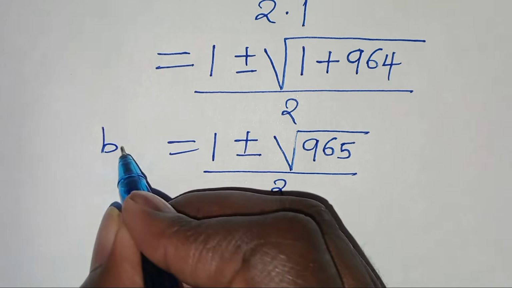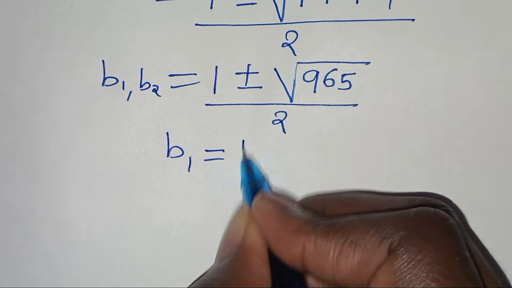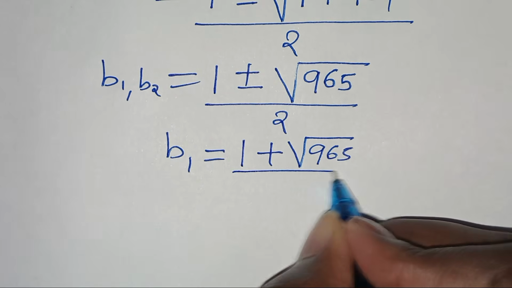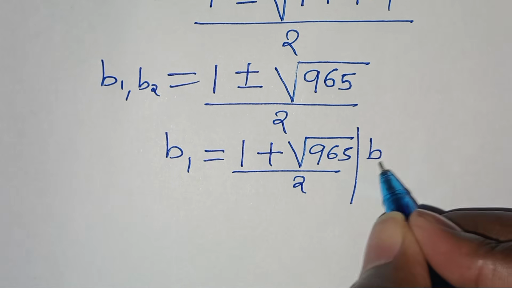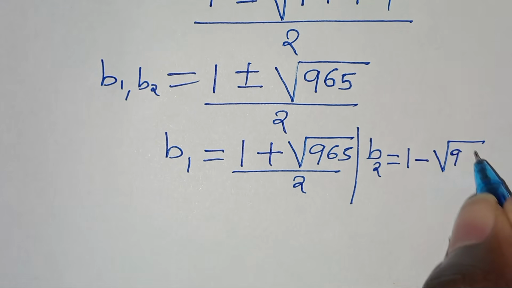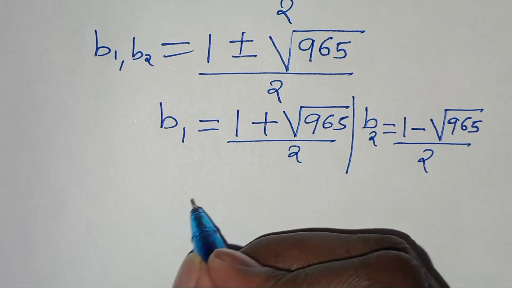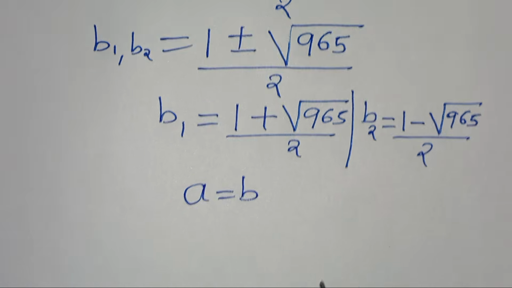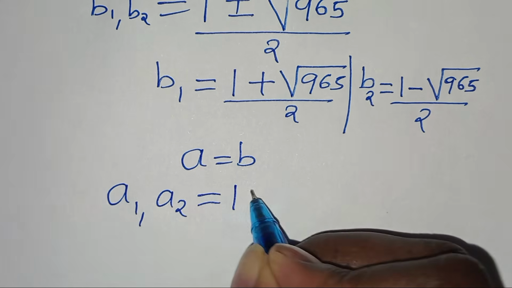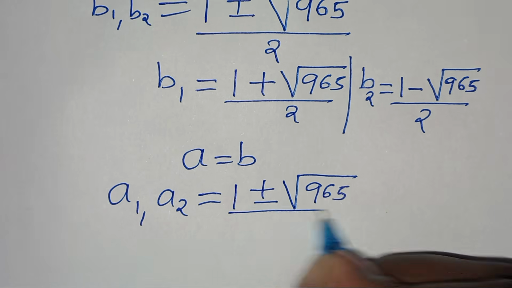So this is b1, b2. So we have b1 is equal to 1 plus square root of 965 divided by 2. And we have that b2 is equal to 1 minus square root of 965 divided by 2. Now, we have that a is equal to b. So this means that a1, comma a2, is equal to 1 plus or minus square root of 965 divided by 2.